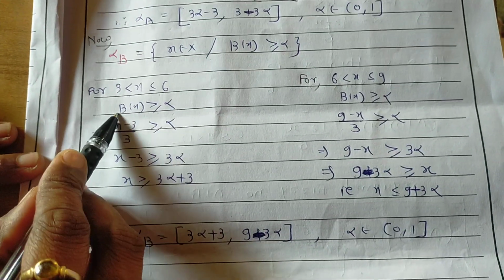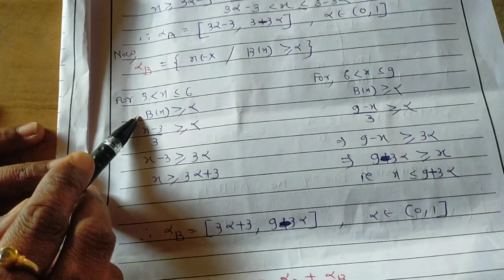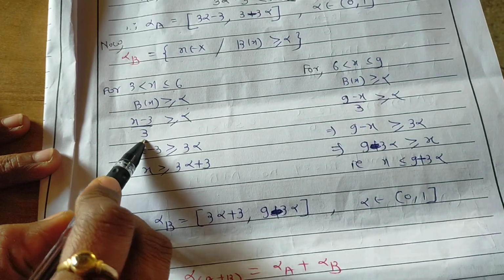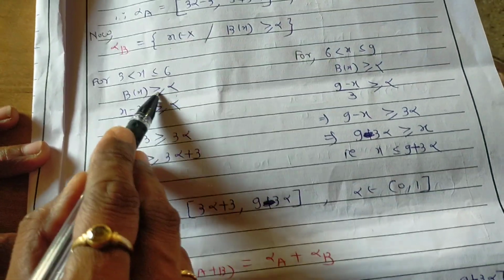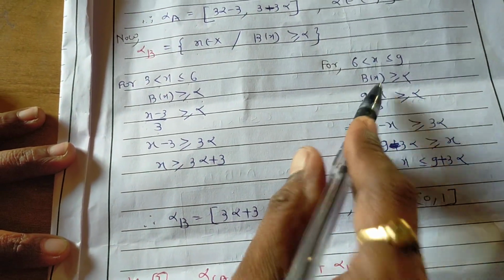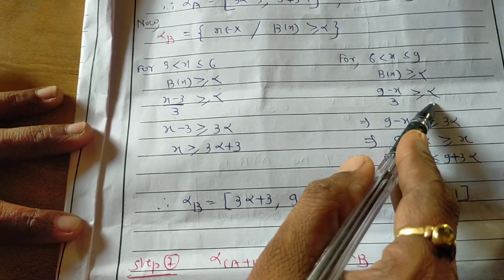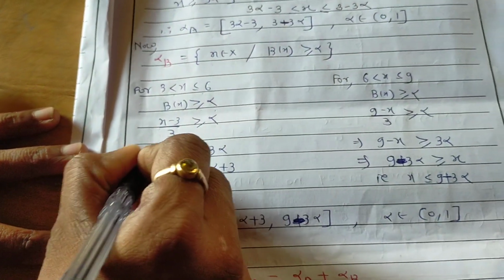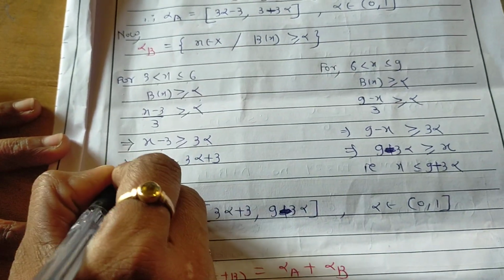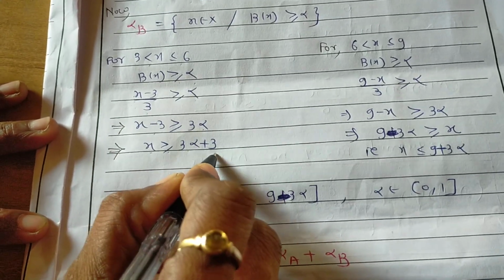See, for the interval 3 to 6, the function B of x is equal to (x minus 3) by 3, as given in the question, greater than or equal to alpha. And for the other interval, B of x is (9 minus x) by 3 greater than or equal to alpha. This gives x minus 3 greater than or equal to 3 alpha, which gives x greater than or equal to 3 alpha plus 3.